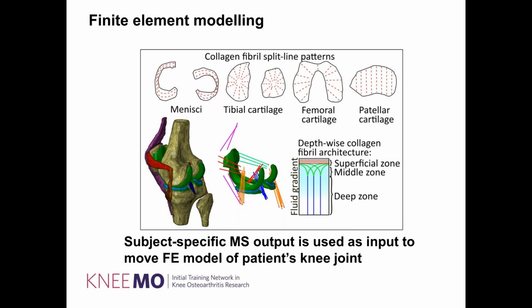And the ligaments and tendons were defined as linear springs, and the bones were defined as rigids, because we know from previous research that's accurate enough.